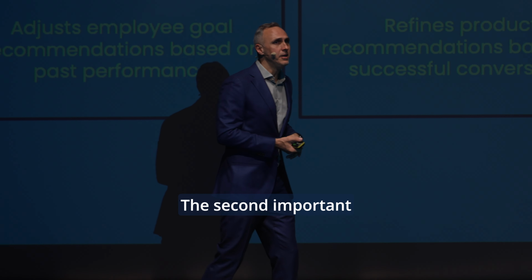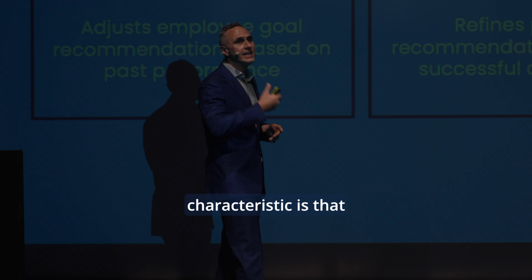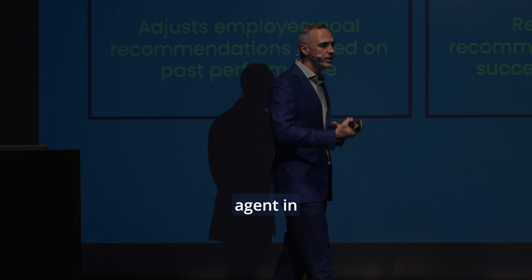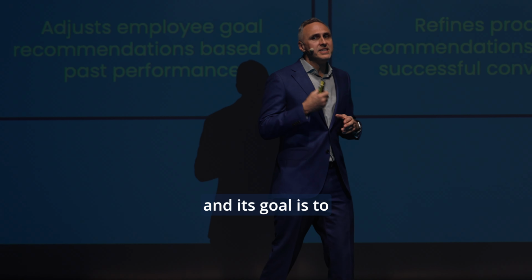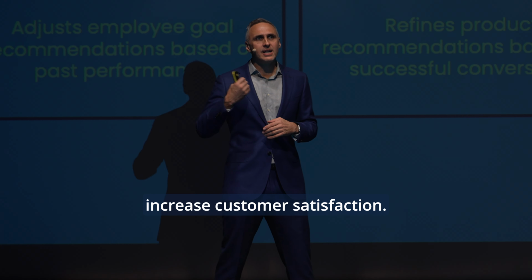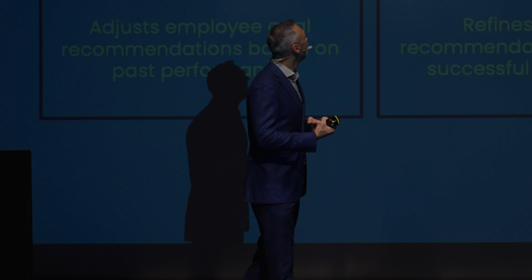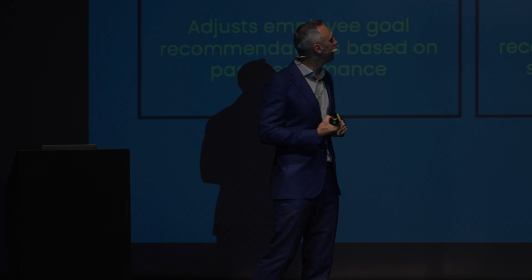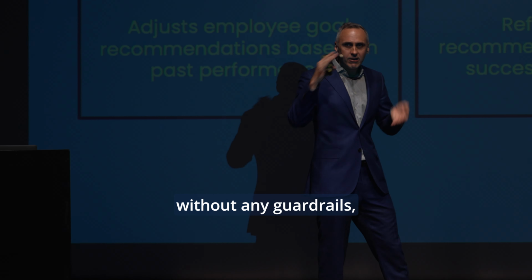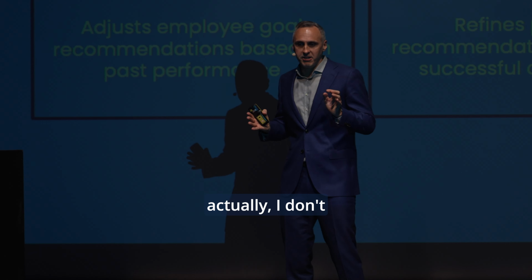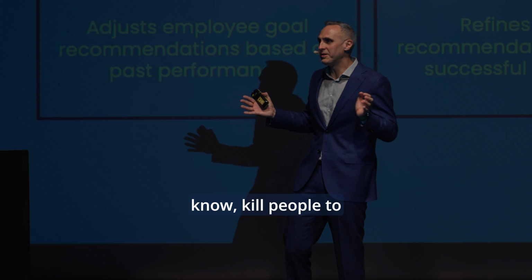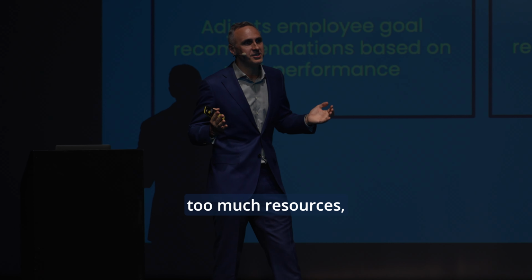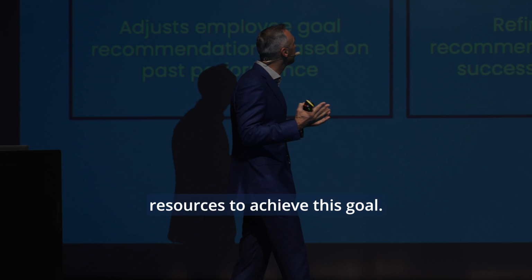The second important characteristic is that it is goal-oriented. So let's imagine we have an agent in customer service, and its goal is to increase customer satisfaction. Of course, we need to be very careful with such goals. For example, if this is the only goal without any guardrails, it might actually, I don't know, kill people to achieve better customer satisfaction, or consume too many financial resources to achieve this goal.